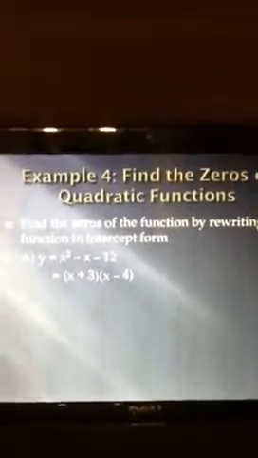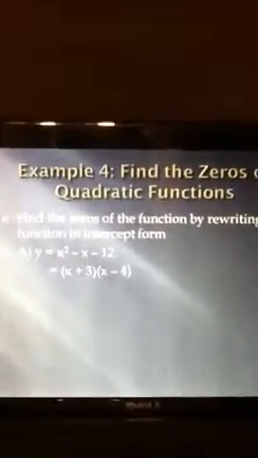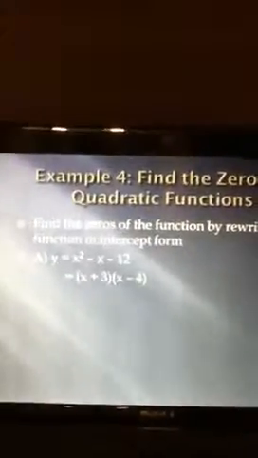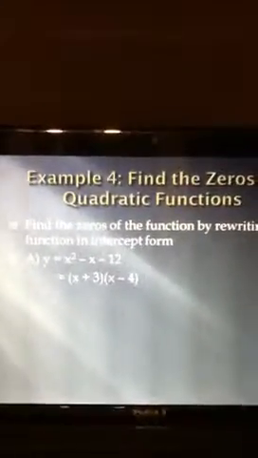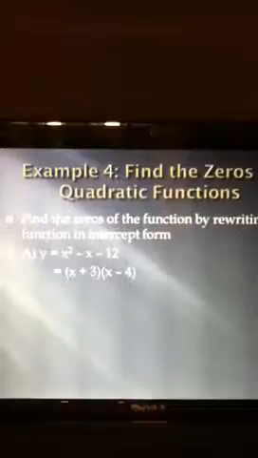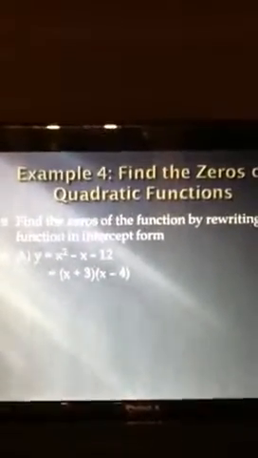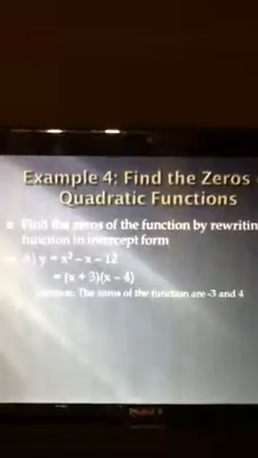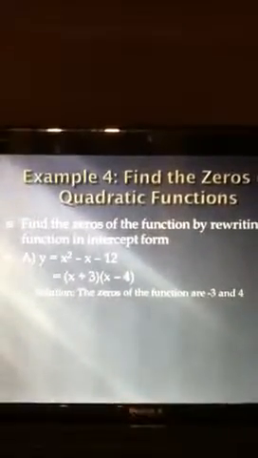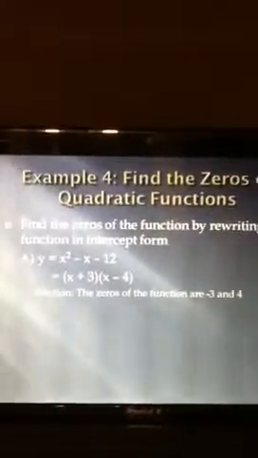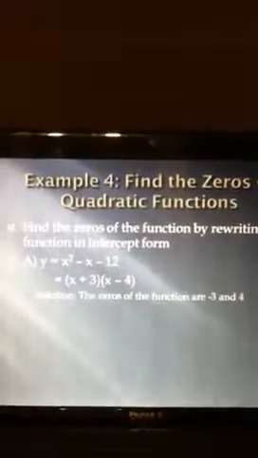With our prior knowledge of factoring, we can factor the equation into y equals x plus 3 times x minus 4. And we can then find the zeros since we know that x equals negative 3 and x equals 4, which are our zeros of the equation.